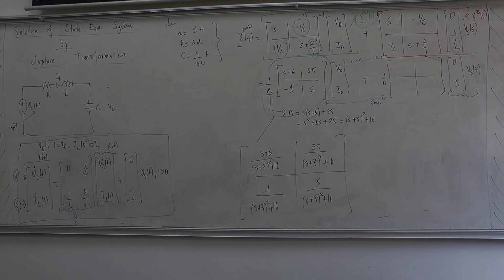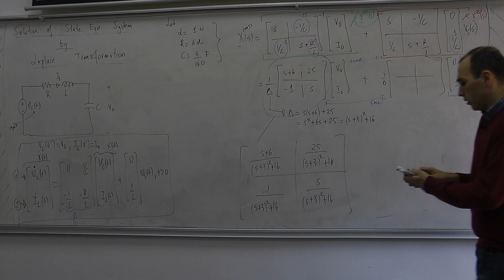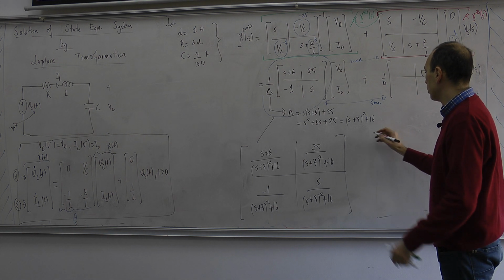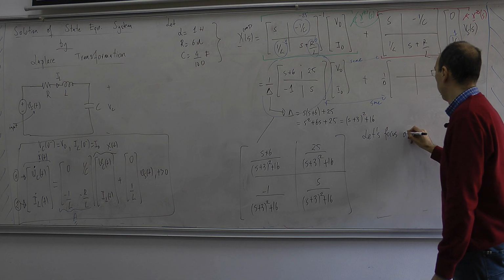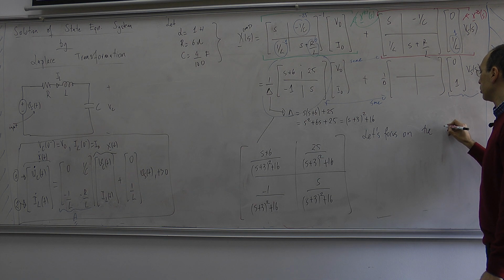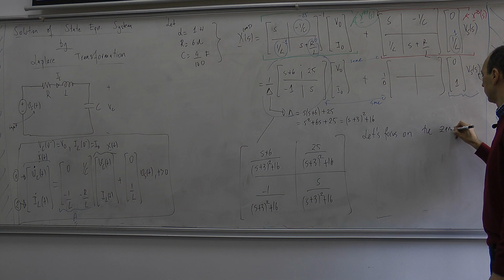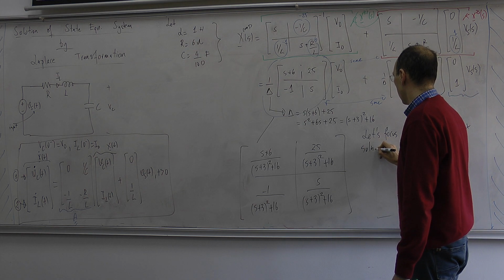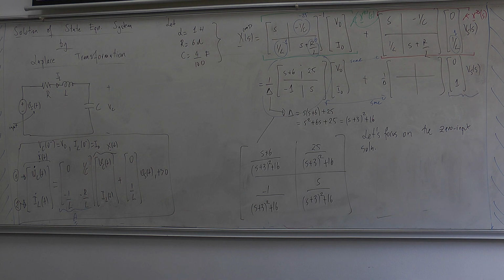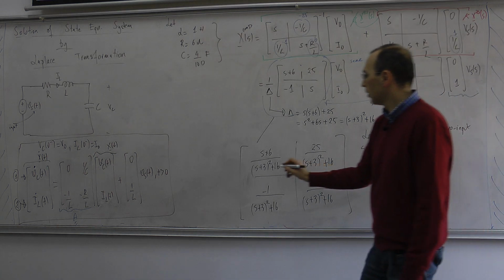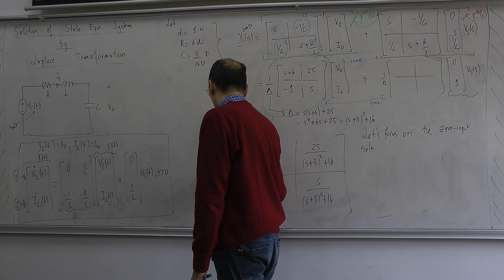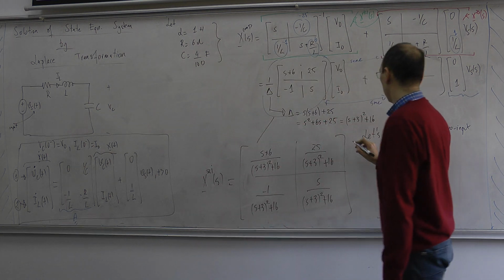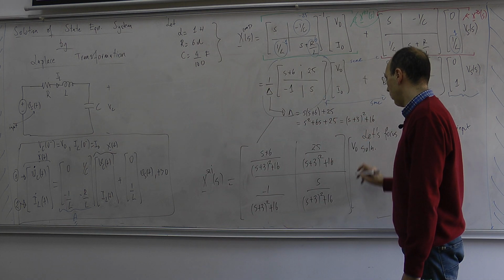Okay. So let's focus on the zero input solution then. So how can I focus on the zero input solution? Well, it is this matrix times V naught, I naught.